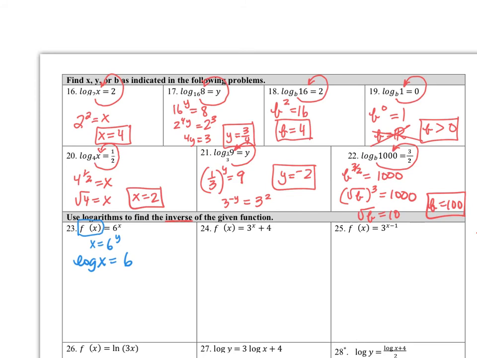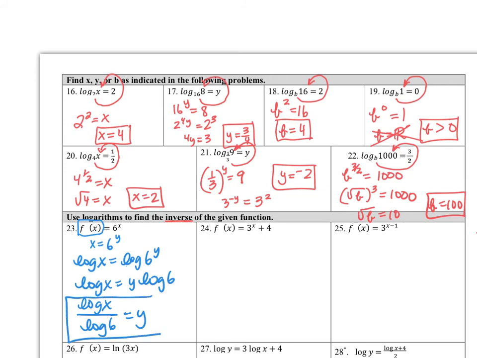Except I said it, but I didn't write it. Log of both sides. Now the exponent can come down. And now all we have to do is divide by what's by the y to get y by itself. So this is our inverse. So it's not terrible, but it can be kind of yuck.